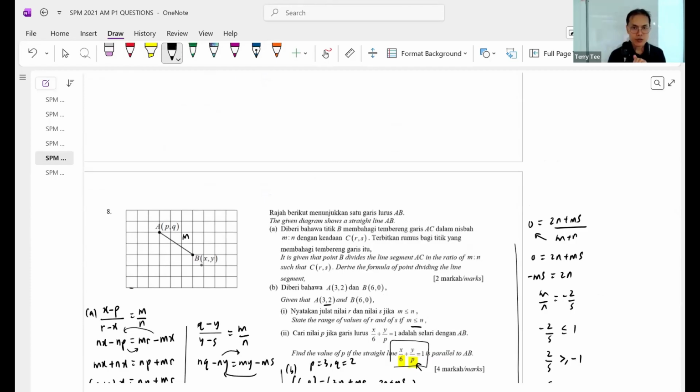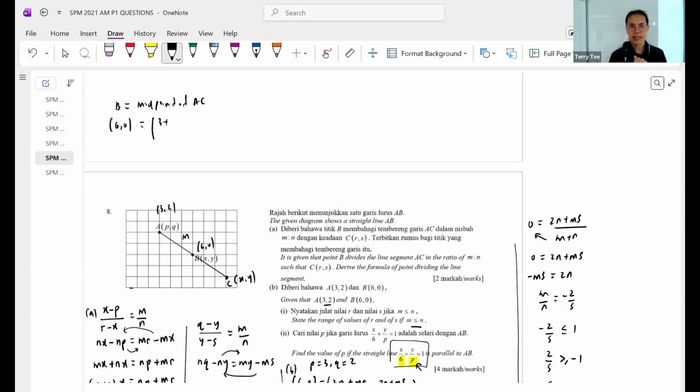Okay, so first we assume this is a midpoint. If this is a midpoint, it's exactly here, right? I know my A is 3, 2. My B is 6, 0. So C is here. Let's say we take C equals X, Y. So if B is the midpoint of AC, B is 6, 0.